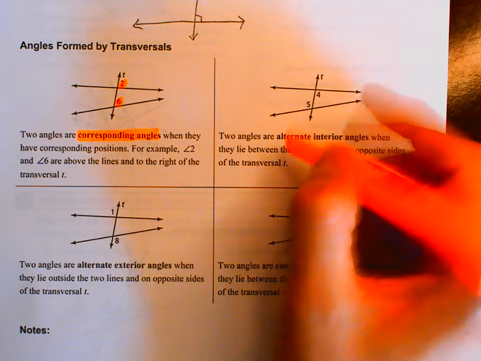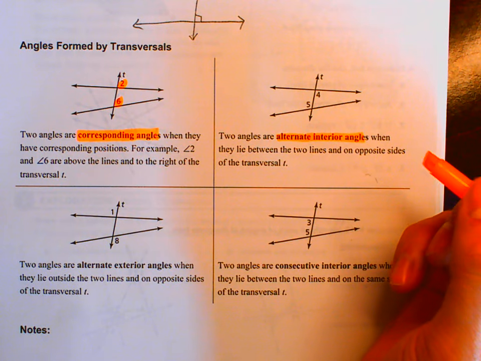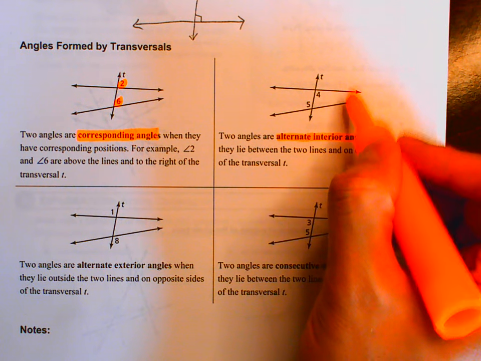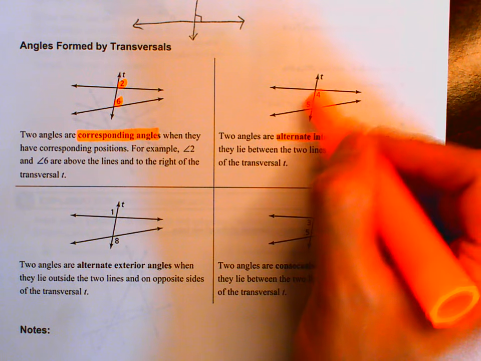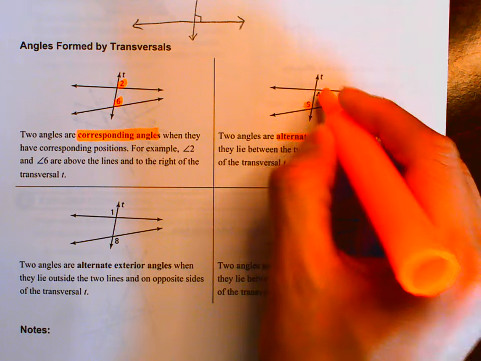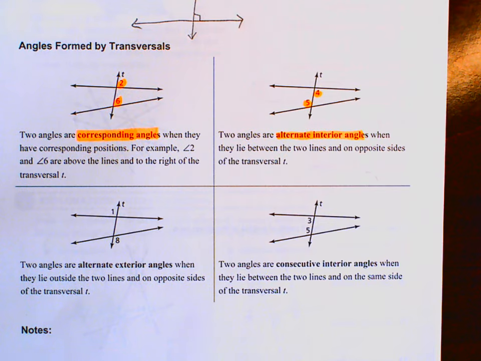Now, the next one is the alternate interior angles. Alternate interior angles lie in the interior, meaning between the 2 lines, and they are on opposite sides of the transversal, but not necessarily adjacent. Actually, not completely adjacent. So these 2 angles are alternate interior angles.